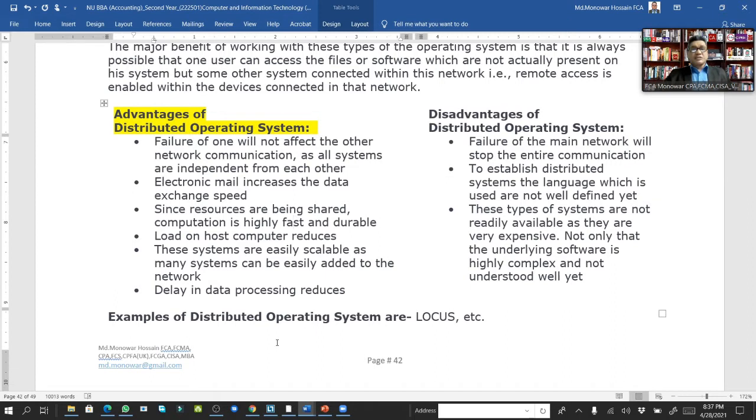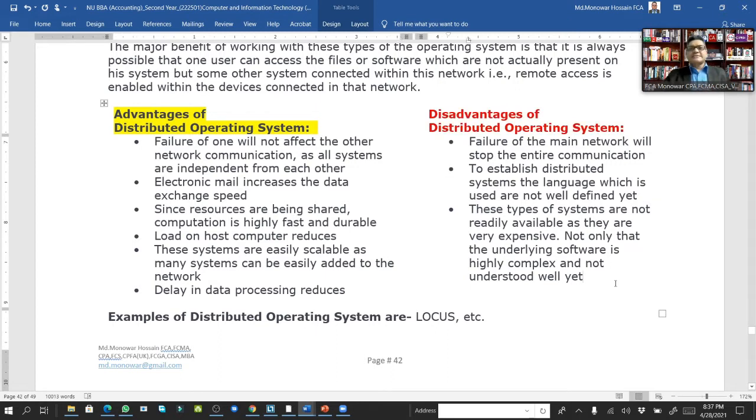Since resources are being shared, computation is highly fast and durable. Load on the host computer reduces. The systems are easily scalable, as many systems can be easily added to the network. Delay in data processing reduces.